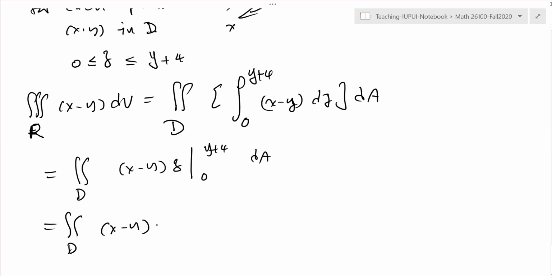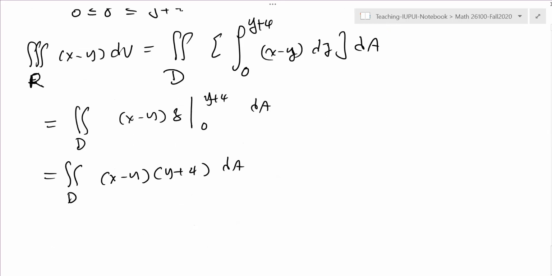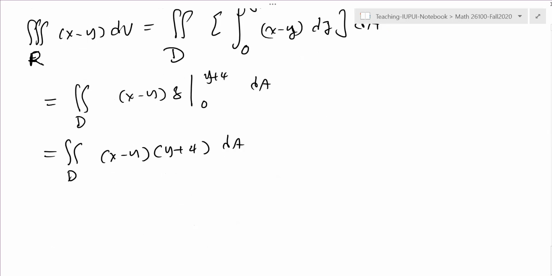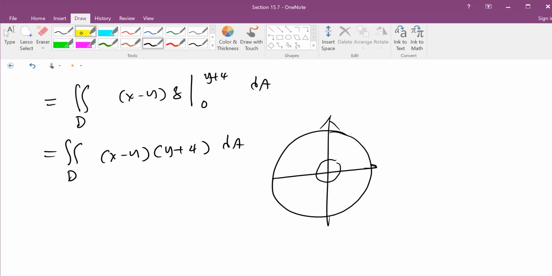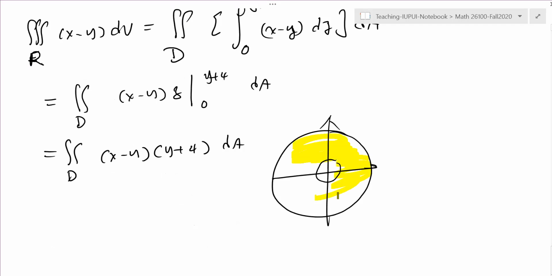So x minus y times y plus 4, and dA. Now you end up with an integral on a disk, on two circles. So what is D? The little circle and the outer circle. So D is going to be this portion.